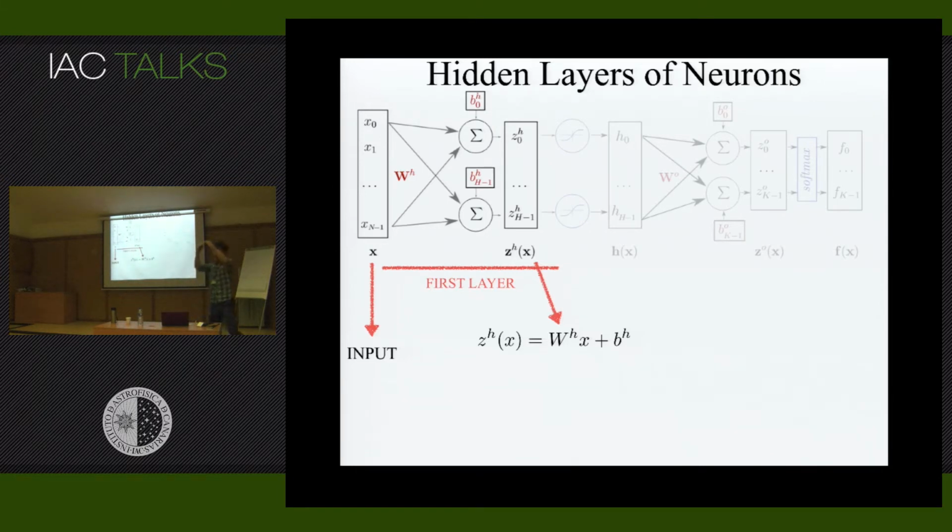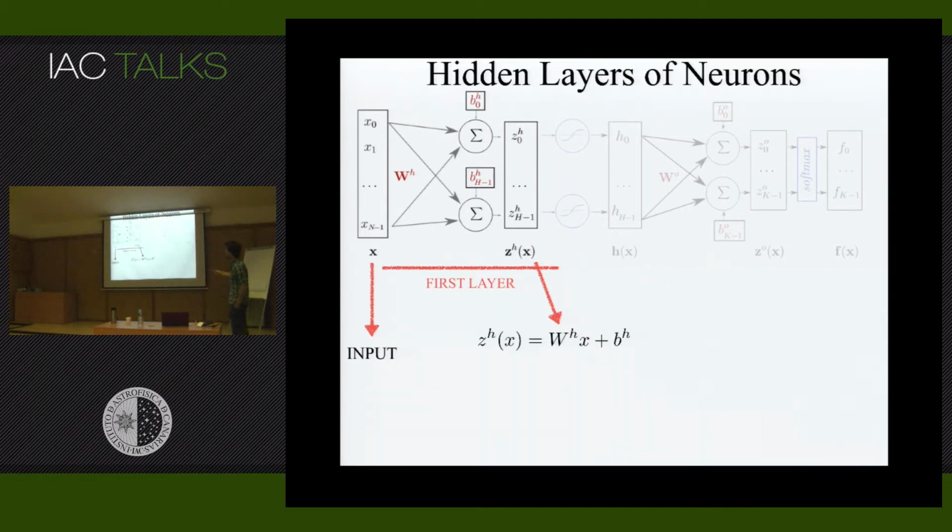And then you can stack them like this, and you can also add some complexity by putting one set of neurons after the other. For example, here you have your input. You multiply by the weights. You have the output of the first set, which is, again, Wx plus the bias, and you have the output over here.